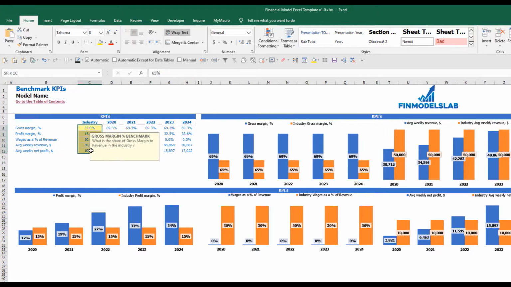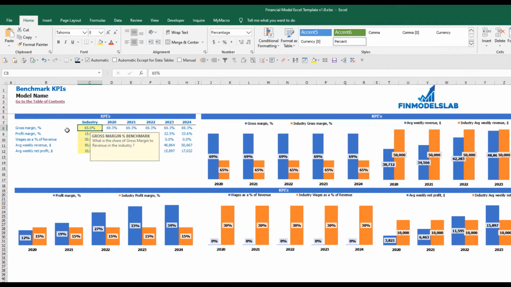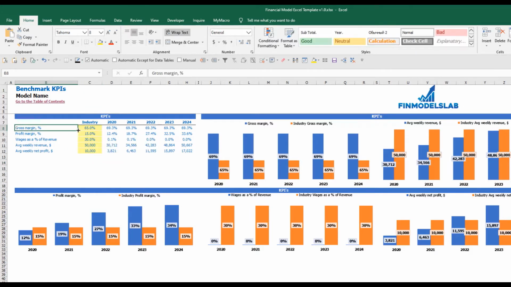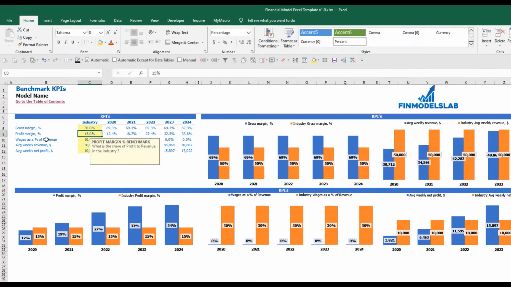Also, you may change the industry KPI or benchmark which works for your country or for your industry. For example, gross margin can be changed from 65% to 50%, and you may see how this impacts this chart. So in comparison to the values calculated within the model, we have around 69% of gross margin and 50% of gross margin in this industry.